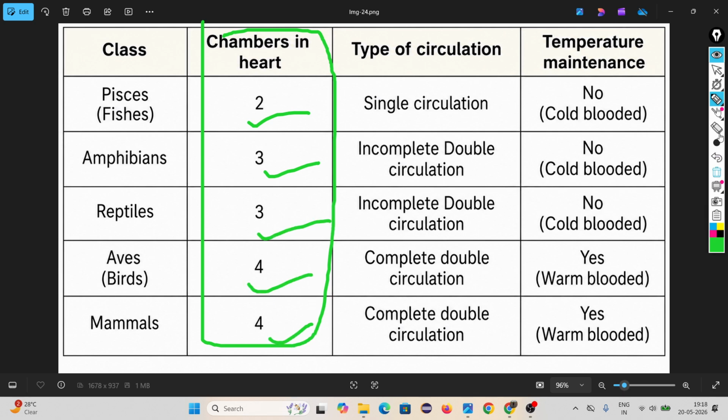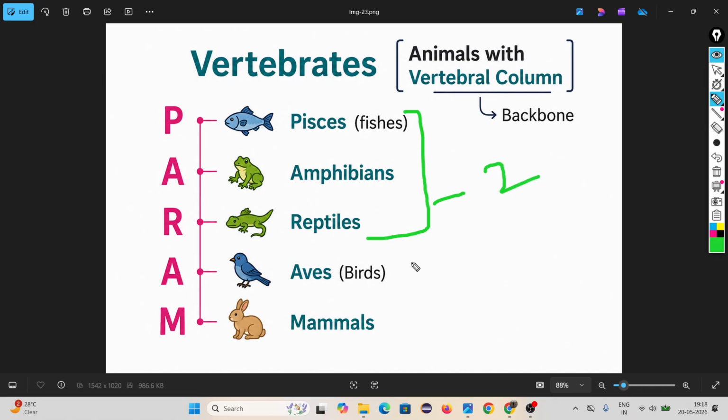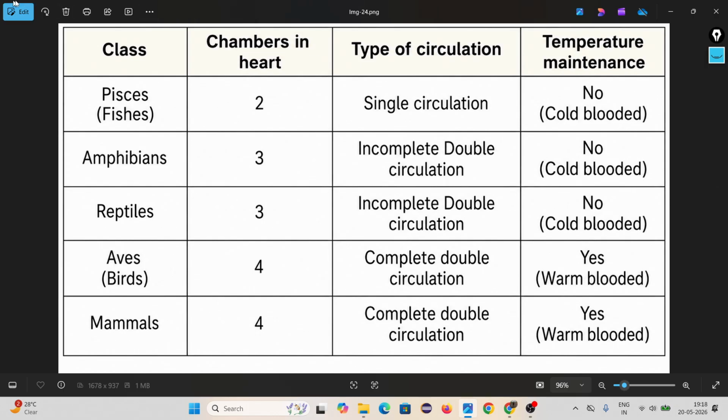That means among these 5, the above 3 have 2 or 3 chambers, but the below 2 have 4 chambers.